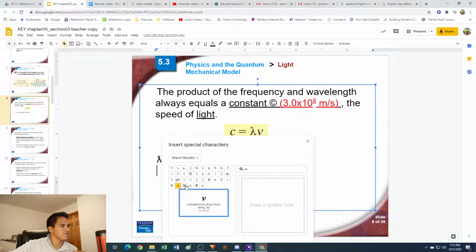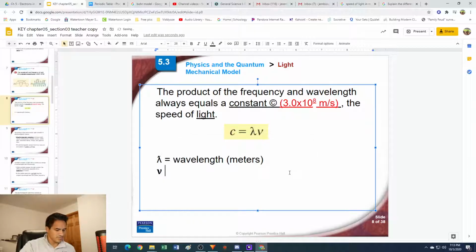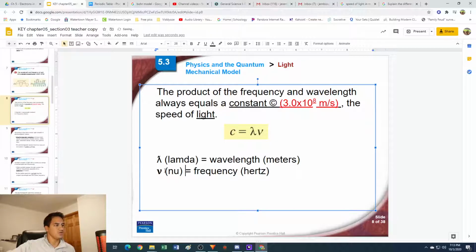This is the Greek letter nu, and this represents frequency, which is given in hertz. Okay, so lambda is the Greek letter, and this is Greek letter nu.